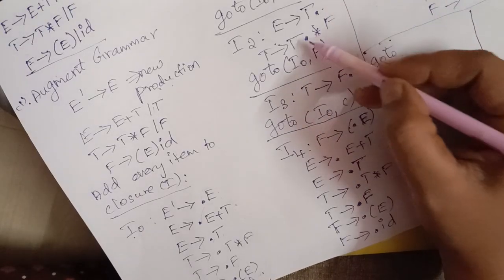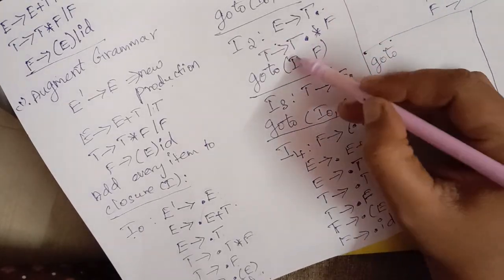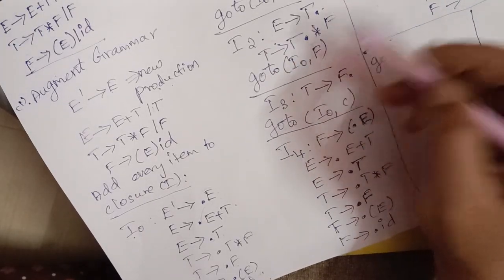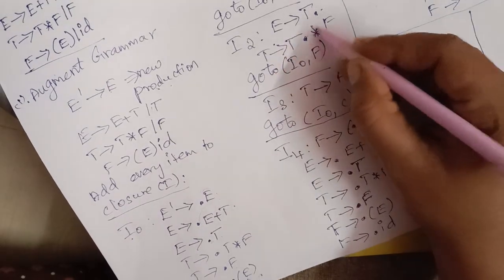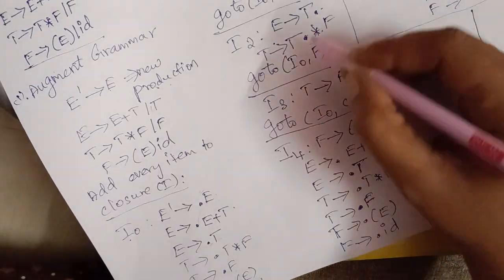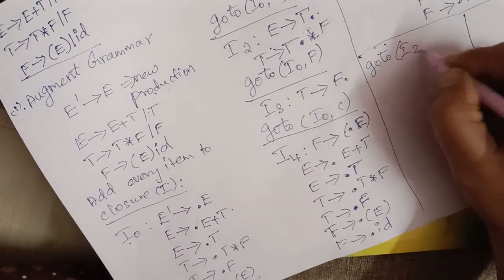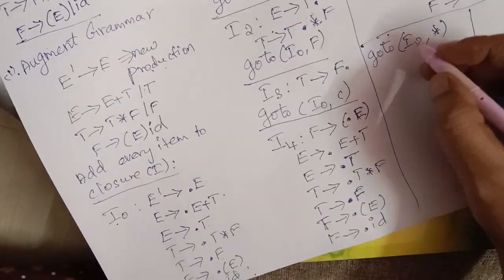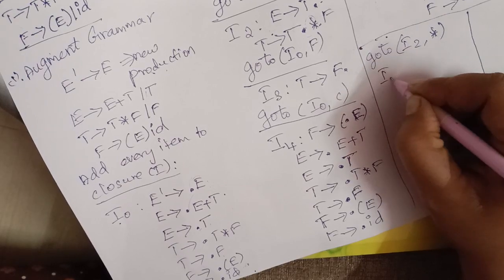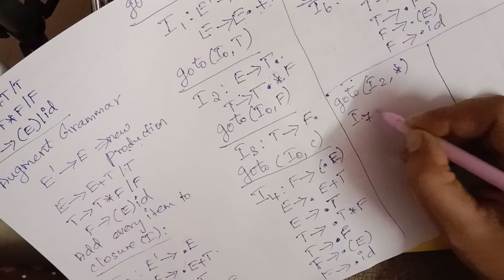So go to I2 comma star. Why are we writing this? Because after that the dot needs to be moved after that star. So goto I2 comma star, just write it. After I6, I7 is the new item set I'm getting.